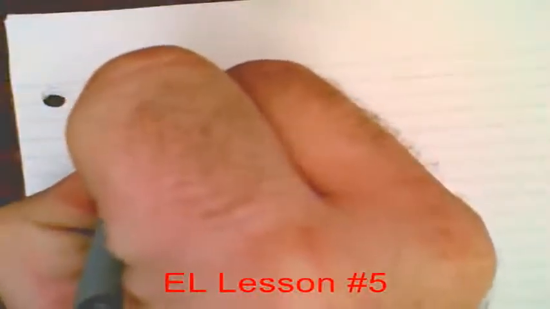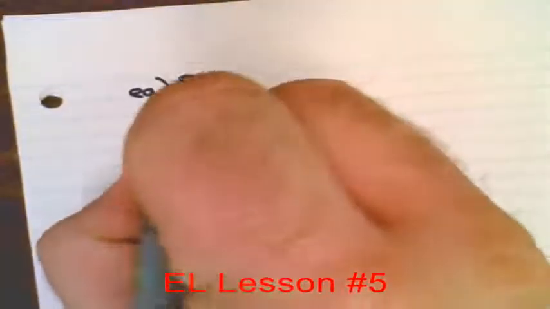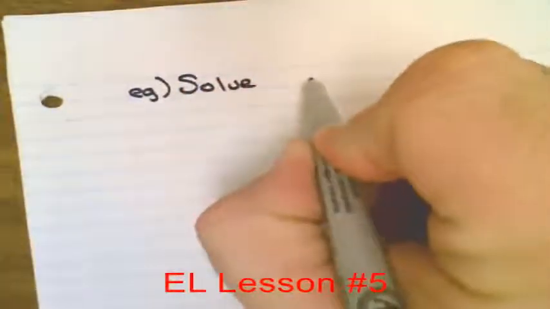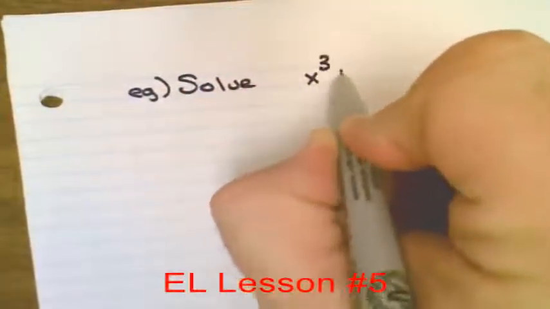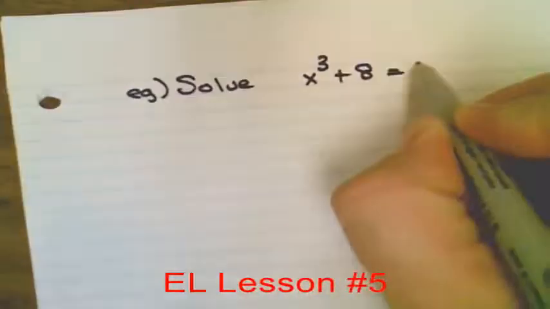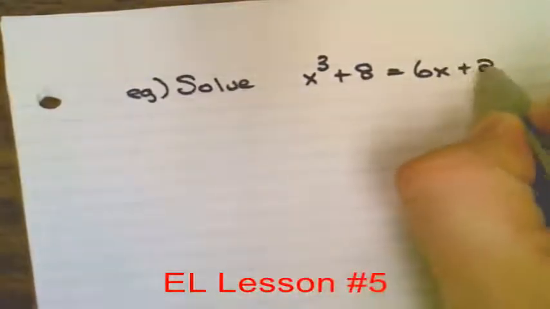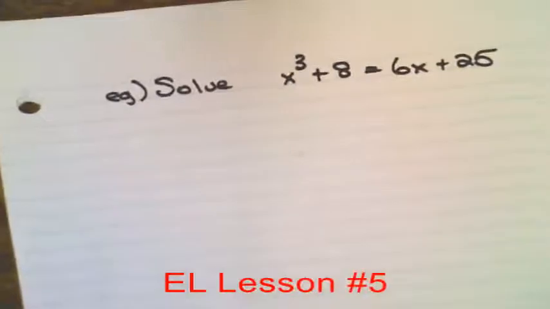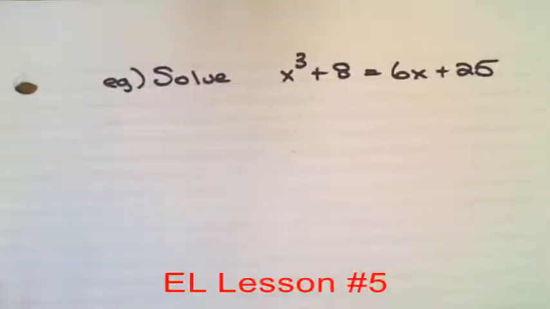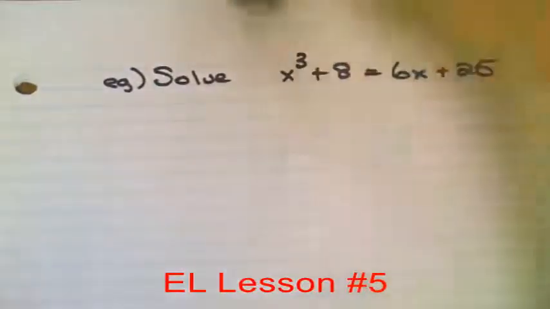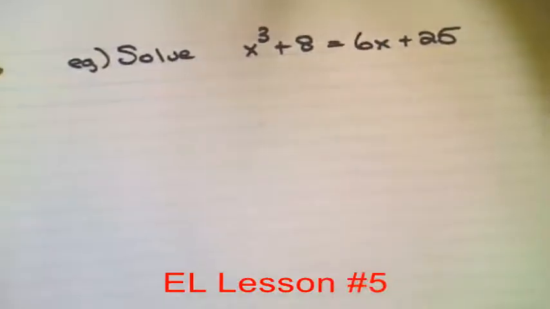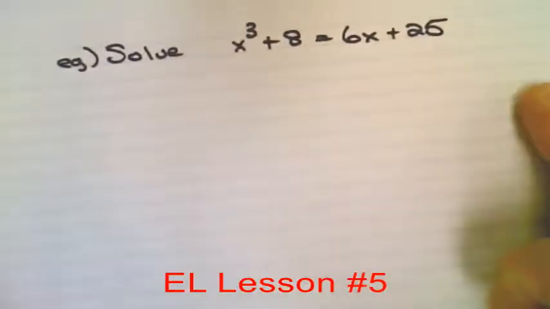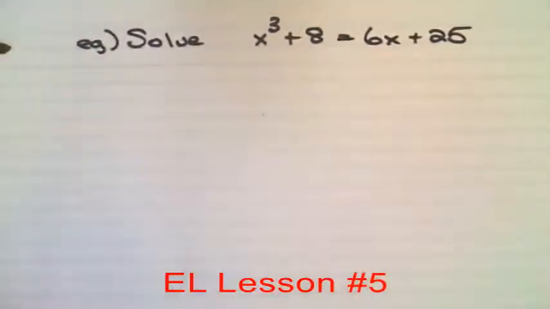So from there, all that changes is I just change the equations. I can give you interesting ones. I could say I want you to solve this equation, for example, solve x cubed plus 8 equals 6x plus 25.